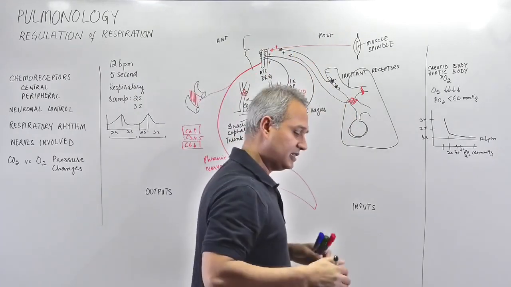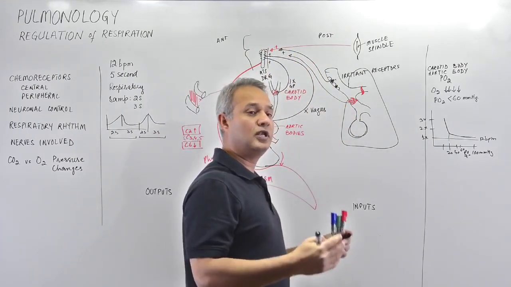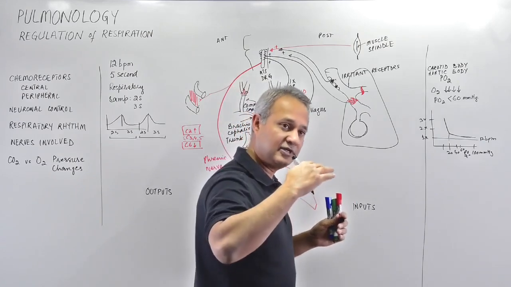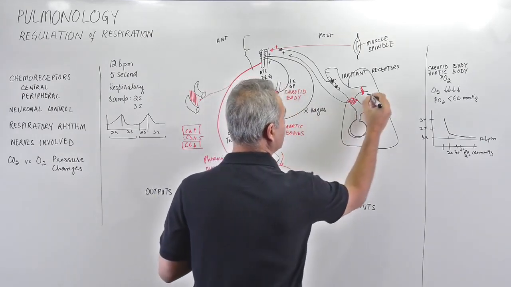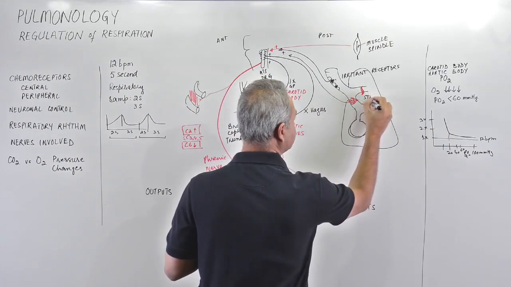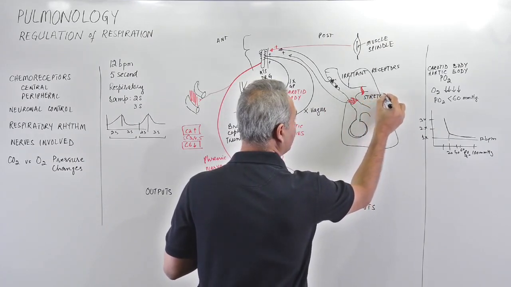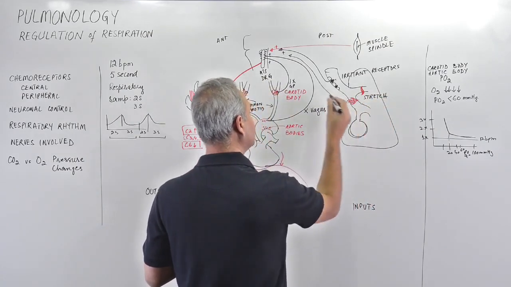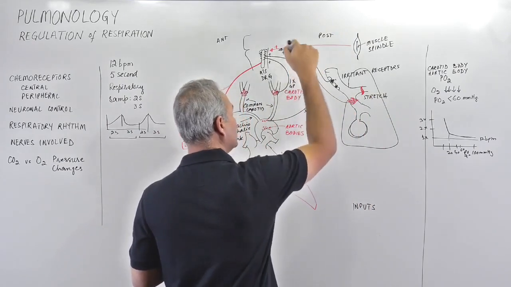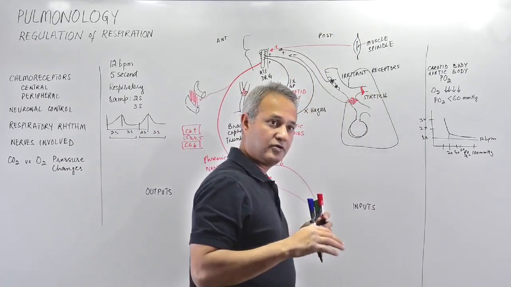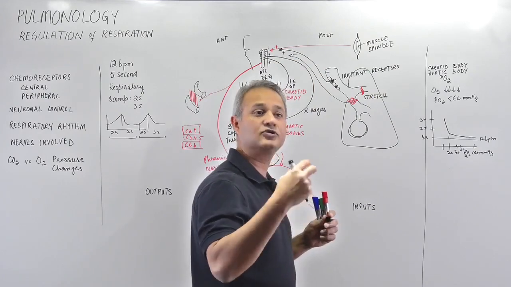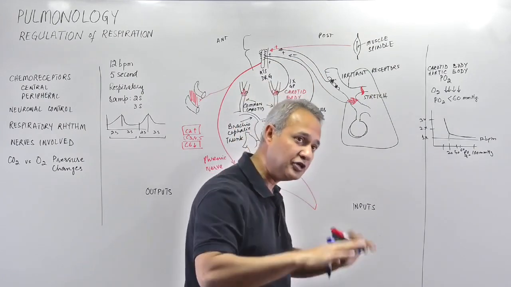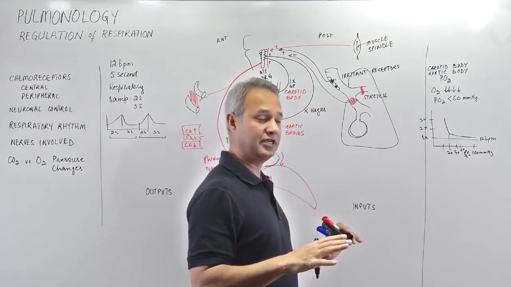Negative influence. The deeper breathing will cause the respiratory rate to become slower. So stretch receptors from the bronchial or airway smooth muscles send negative or suppressive signals to the nucleus of tractus solitarius or dorsal respiratory group and reduce the respiration rate.